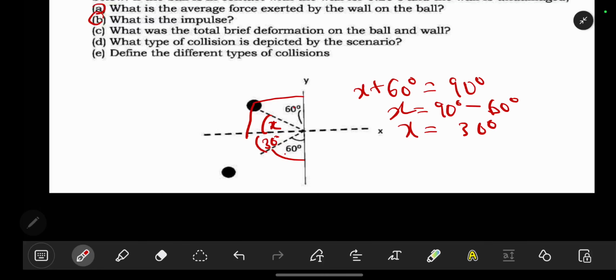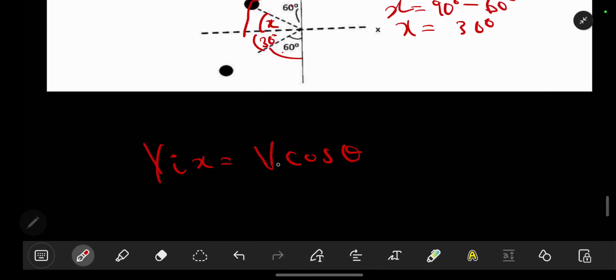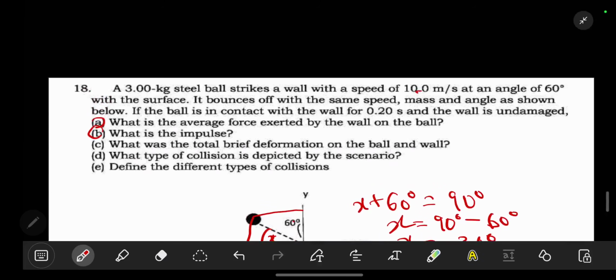So with that done, what are we going to have? The first thing that you need to do, since it was at an angle, is find the x and the y velocity. So you are going to say v initial x should be equal to v cos of theta. If you messed up the angle, that means you are going to get it wrong. So the initial velocity was 10.